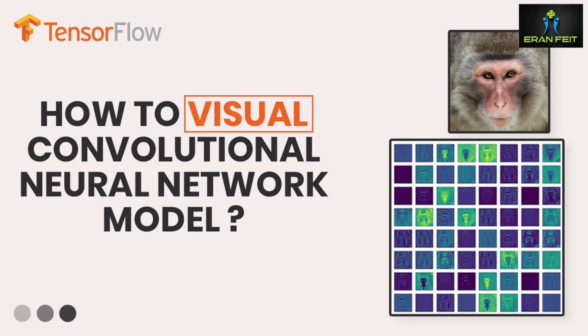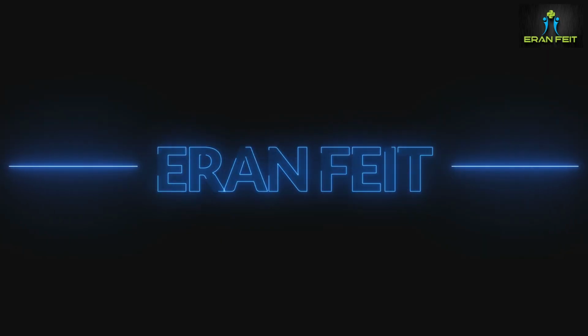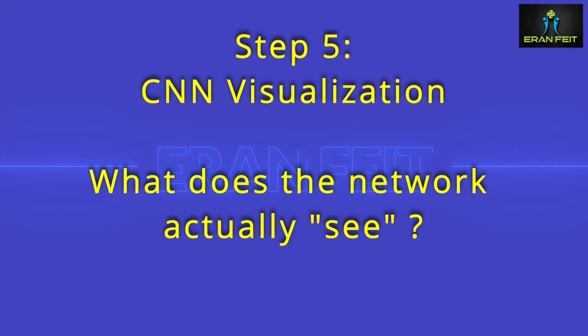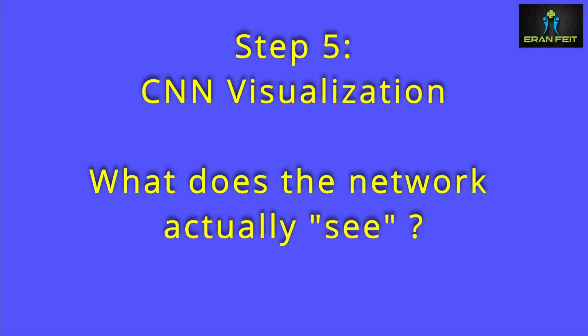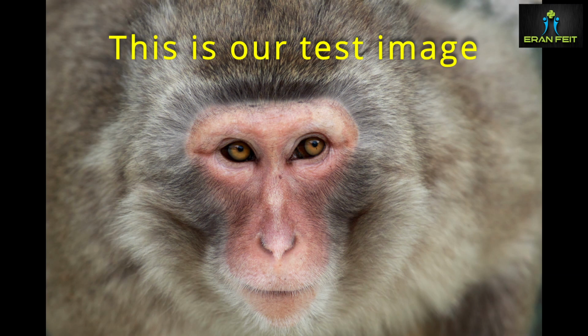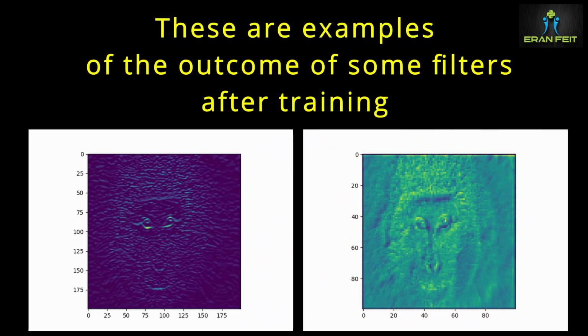Hi, in this tutorial we're going to take one of our pre-trained models and we are going to visualize it. That means that we are going to see and understand what the network sees. So actually we are going to take a test image, and after training the model, these are, for example, two of the neurons.